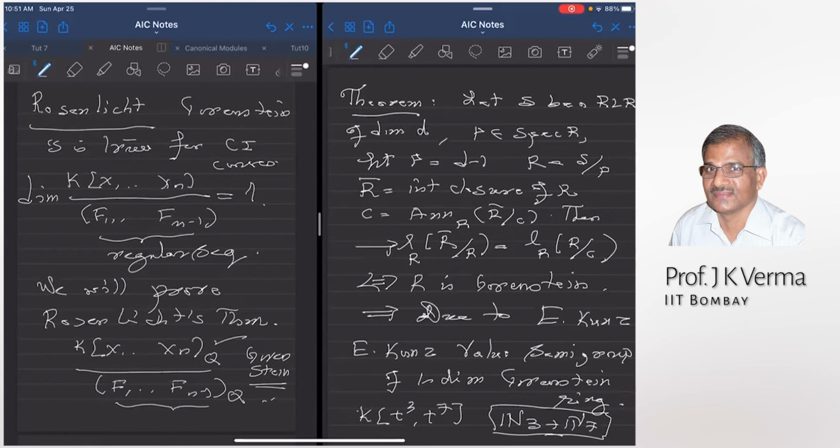Okay. So I will not give Kunz's proof. This is classical, completely classical, no homological algebra. He uses the classical definition because it is 1961. He uses the classical definition of Northcott and Rees, that a one-dimensional local ring is Gorenstein if, for any non-zero divisor, the ideal it generates is irreducible.